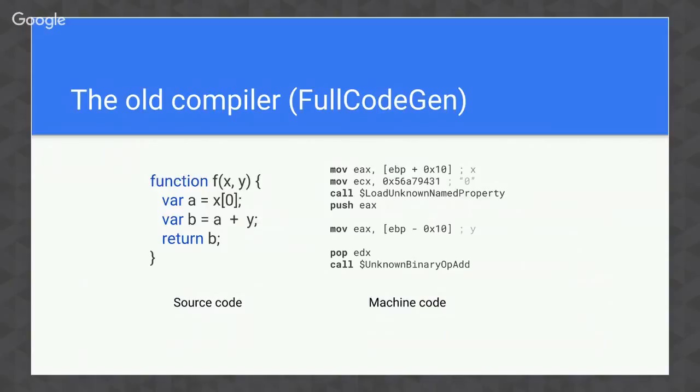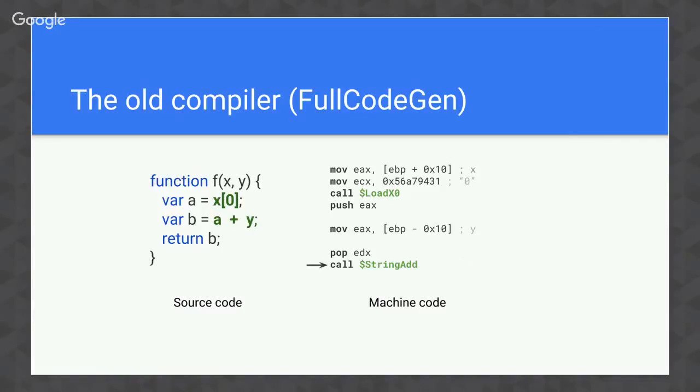So the thing that made V8 fast when it was released in 2008 was inline caching of machine code, where we would look at execution that happens and say, hey, this is always loading the 0th element off of an X object. So this call that we have to an unknown property load, we can physically patch it in the generated machine code into a specialized call that checks if we're doing the things that we think we're doing and has a fast path for them.